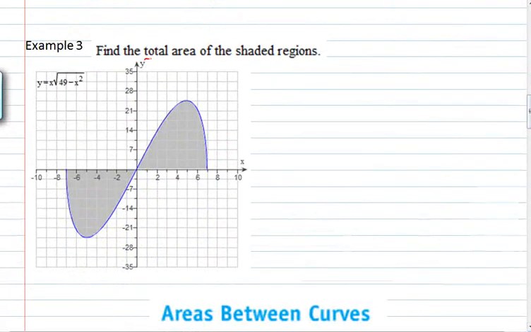Find the total area of the shaded region. Okay. I know it's going to sum to 0 if we look at the integral from negative 7 to 7, but I don't want to just look at the integral from negative 7 to 7. I have an area right here that is equal in value to an area right here.